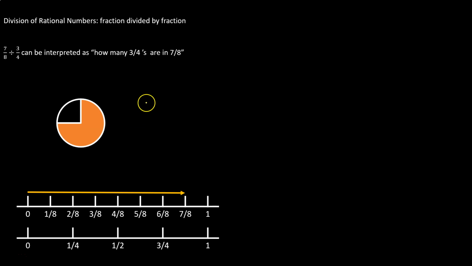So if we think about a circle that's been cut into 8 pieces, where we're considering 7 of those eighths, we might think the 3/4 will definitely fit inside of there, but it's not going to fill up the 7/8 completely. In fact, the easier way to see this would be to draw eighths onto our 3/4 circle.